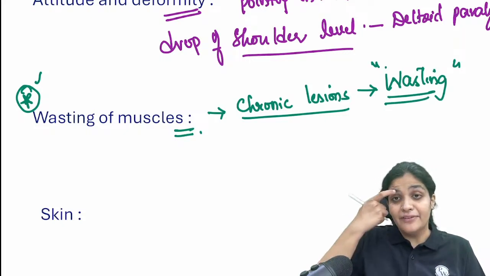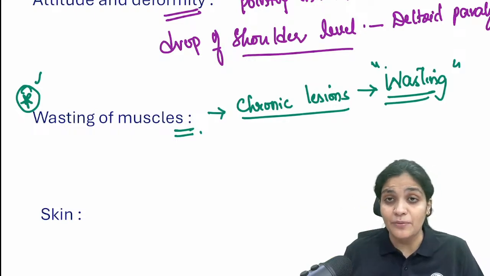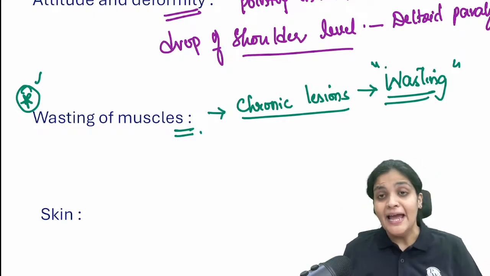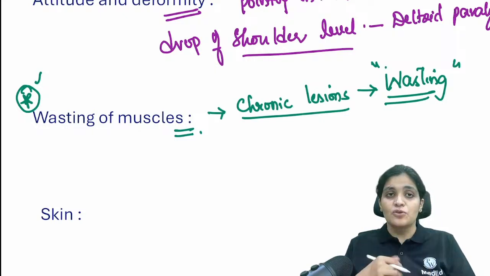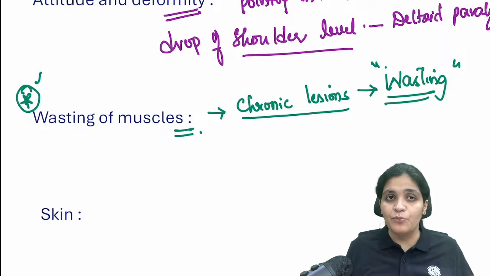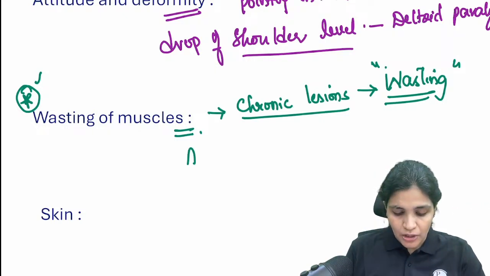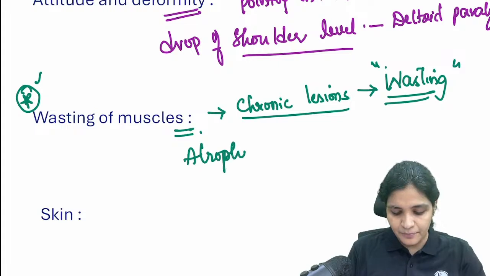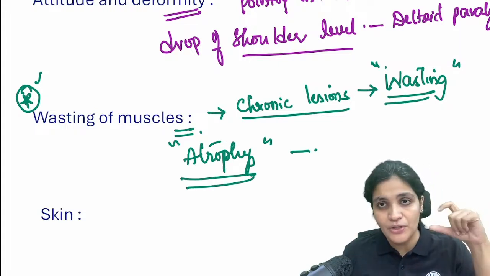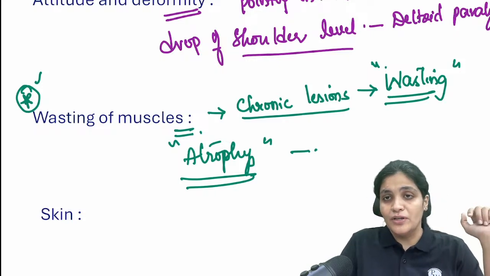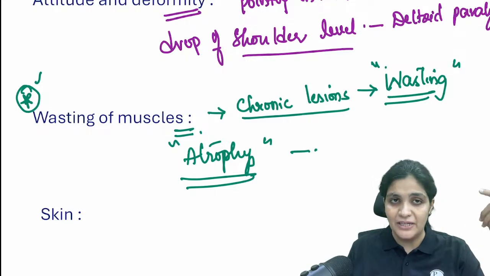For example, if there is an ulnar nerve palsy, then you will see wasting of the interossei muscles, right? And if it is a radial nerve wrist drop, you will see wasting of these muscles. Such like that, you have to describe which muscles are wasting. Usually because of the atrophy you see this wasting, and you have to document which nerve is leading to so and so wasting of the muscle.